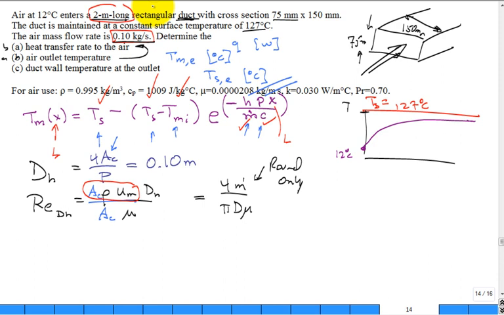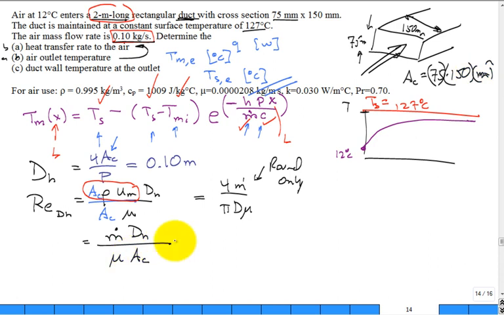So you can get this by doing m dot times the hydraulic diameter divided by the viscosity and then the cross-sectional area. Both the hydraulic diameter and the cross-sectional area you had to already have done. In this case, the cross-sectional area is 75 times 150 millimeters squared, so you'll just convert that from millimeters squared to meters squared, and away you go.